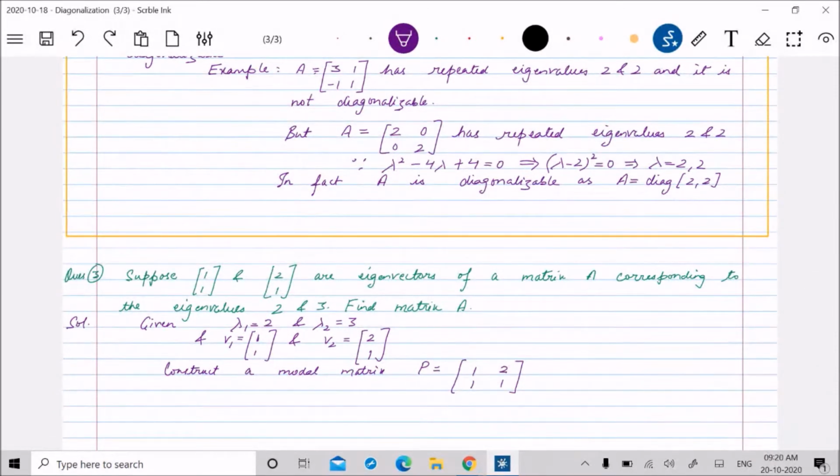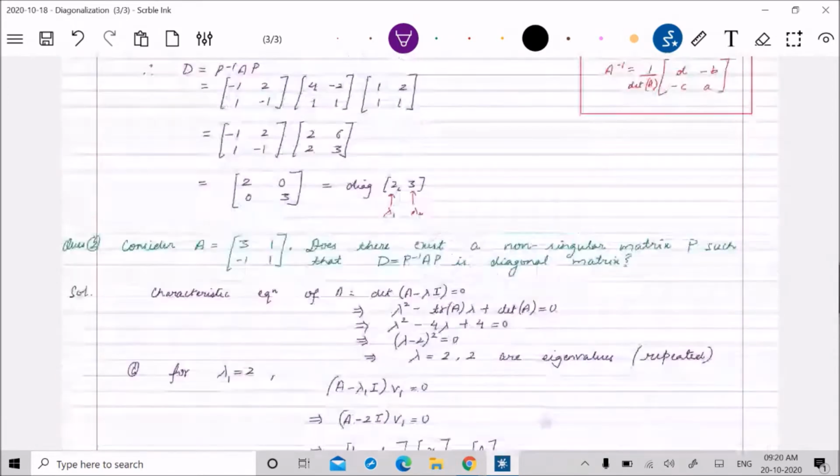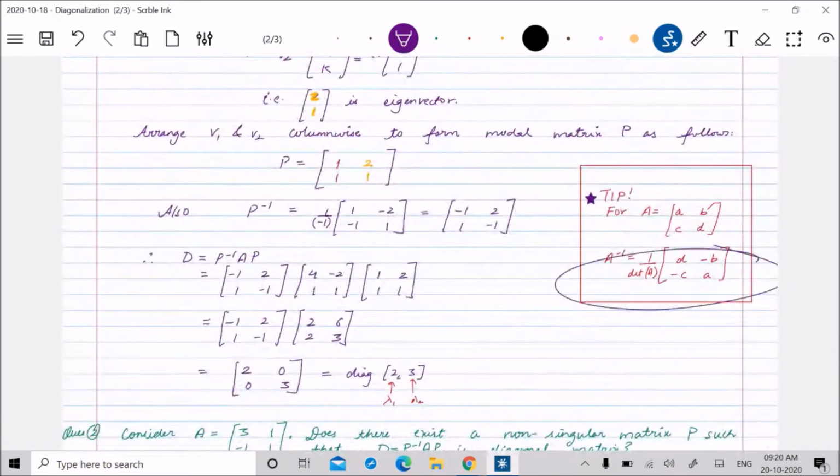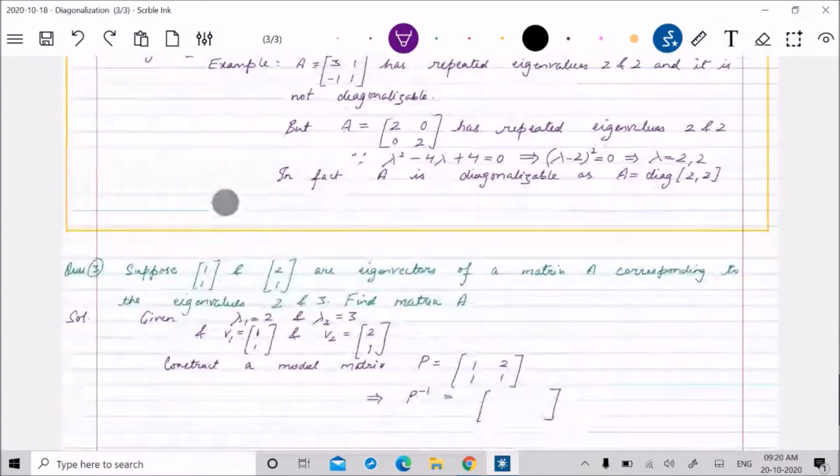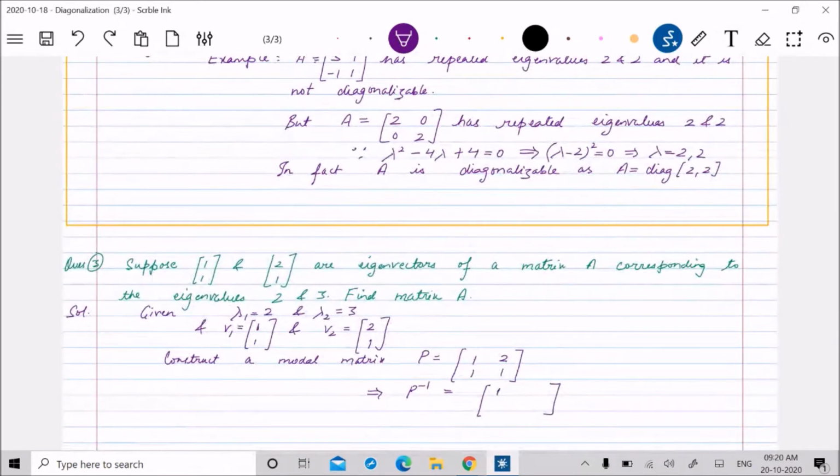Okay, good, Shikhar. This is a modal matrix. Can you find the inverse of this matrix? We have a very beautiful formula to find the inverse of a 2 cross 2 matrix. I revealed it yesterday. This is a shortcut trick: just switch the diagonal elements, change the sign of the non-diagonal elements, and divide by the determinant.